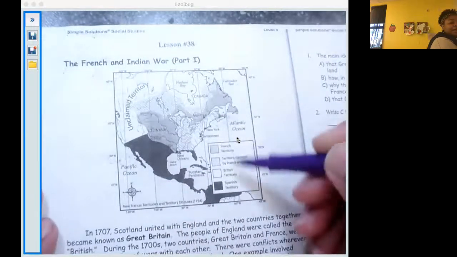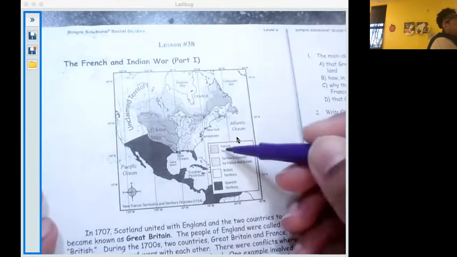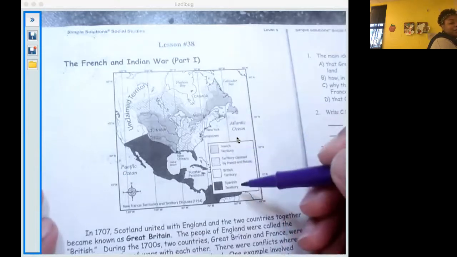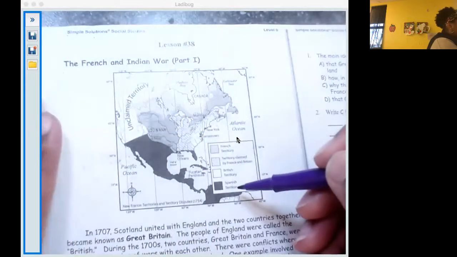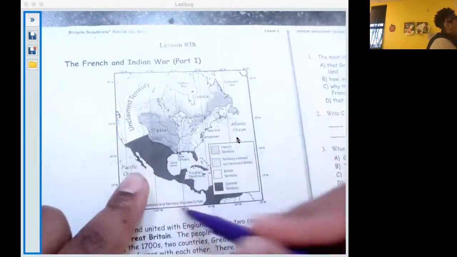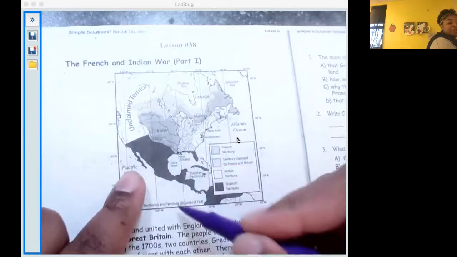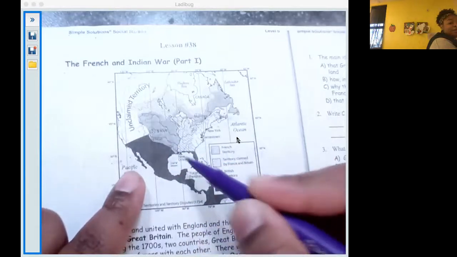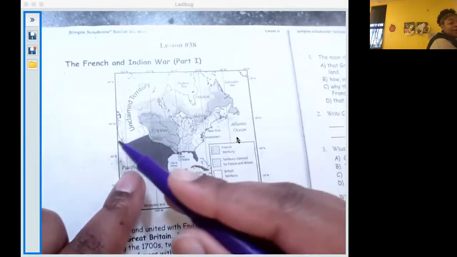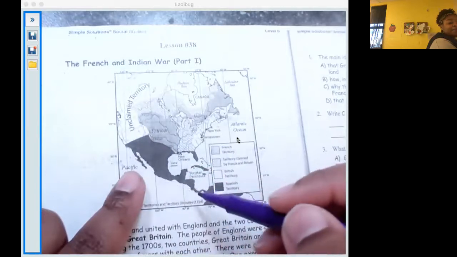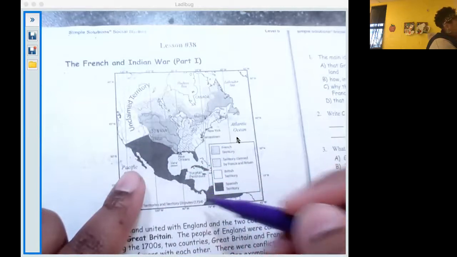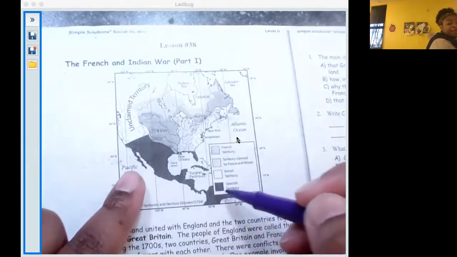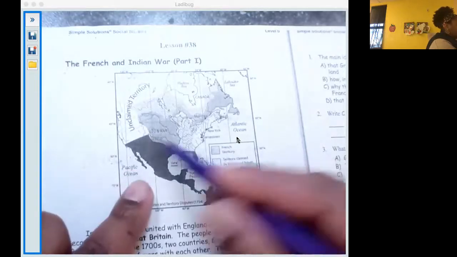But if you look at the key, at the time, different European countries owned different parts of this land. So down here was owned by the Spanish. So when you go to a lot of these countries in Mexico and South America, they're going to be speaking Spanish because this was Spanish-owned territory.